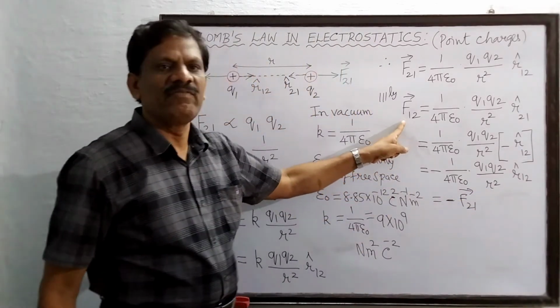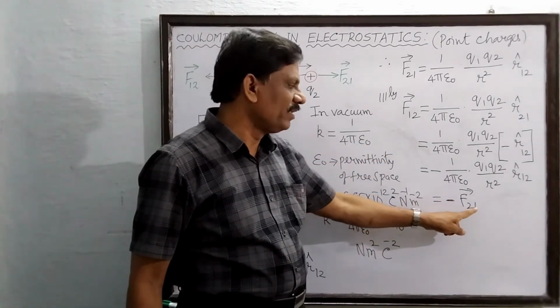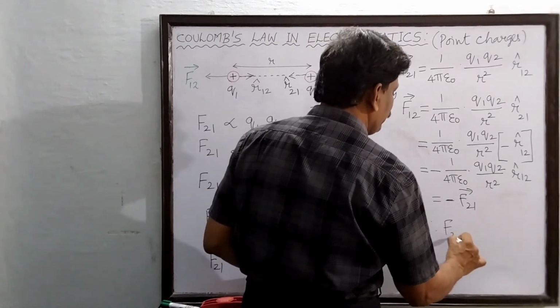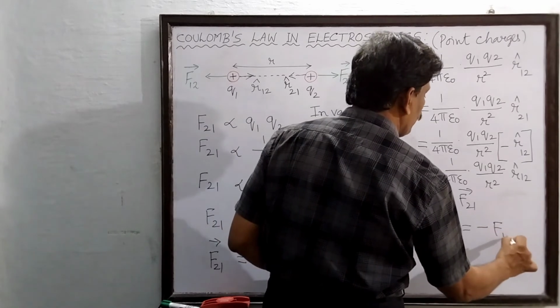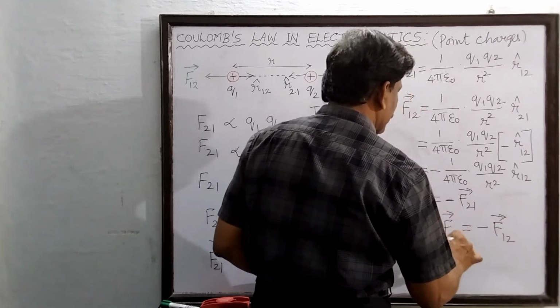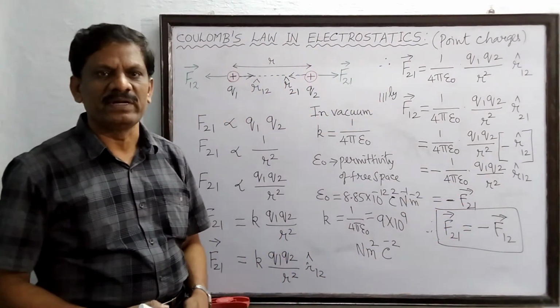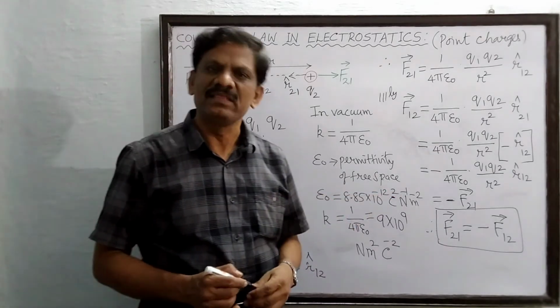We started with F12 vector and we have completed with a negative of F21 vector. So we can write, therefore, F21 vector is equal to minus of F12 vector. Okay. So this is nothing but Newton's third law only. This is one of the concepts based on Newton's third law.